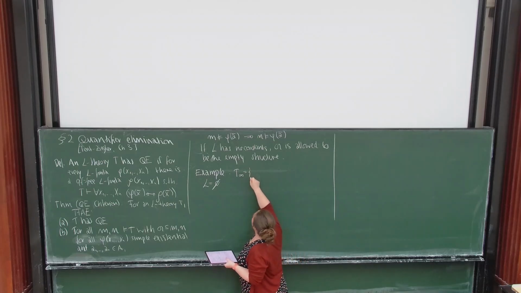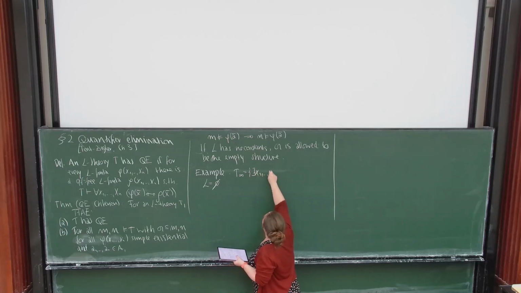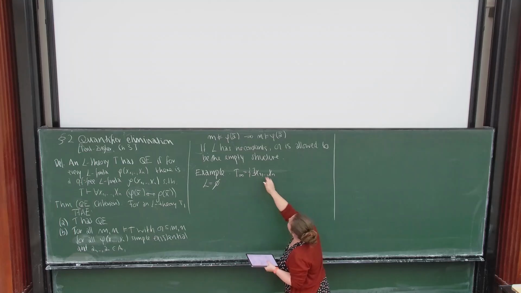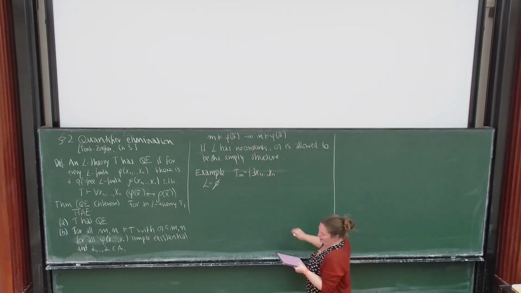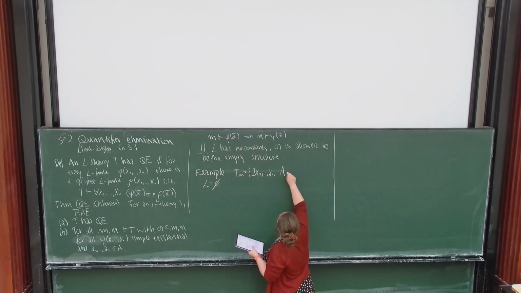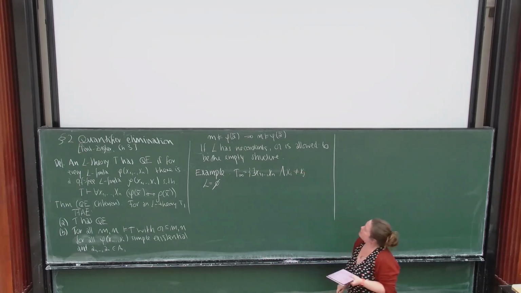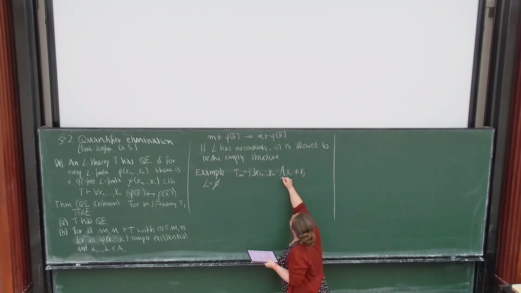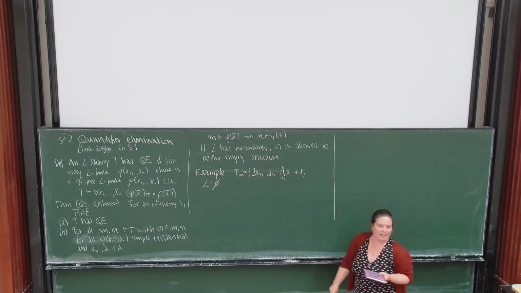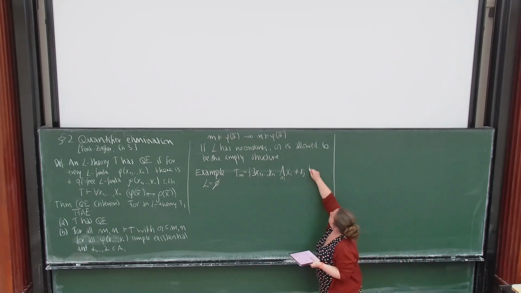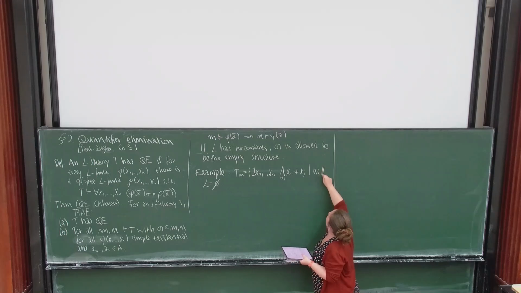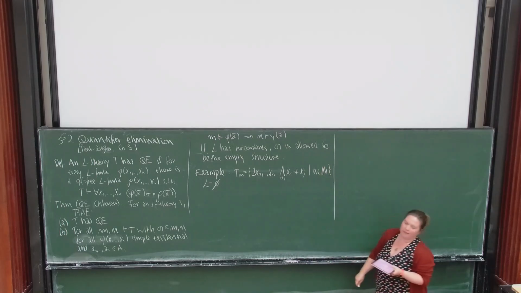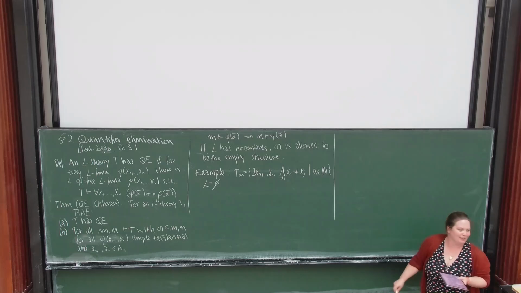So for every n, we have an axiom of the form: there are x1 up to xn, and here you can see n many existential quantifiers, such that xi and xj are different for i not equal to j, where i and j run from 1 to n. And this sentence is for every natural number n, maybe every positive natural number n, whatever.